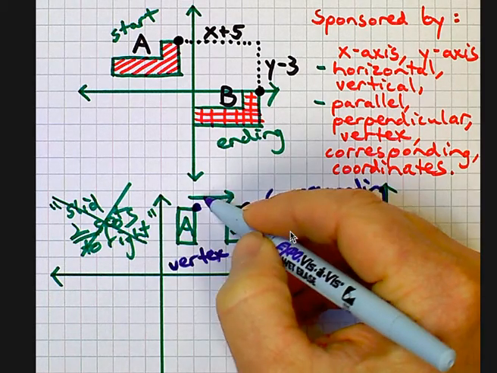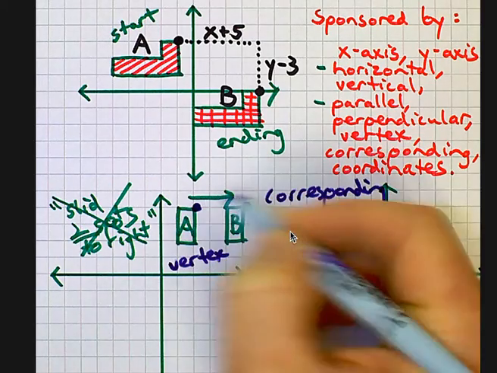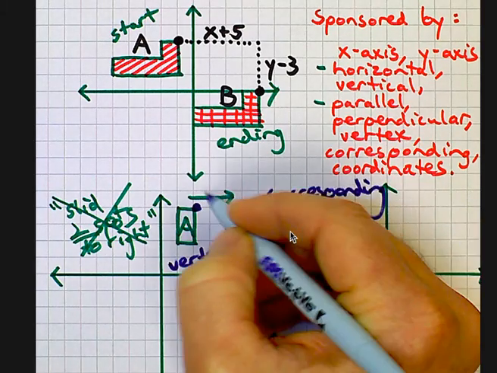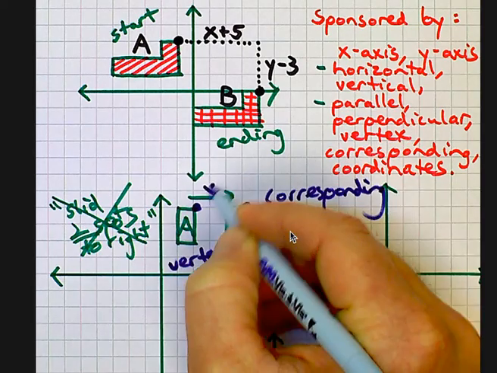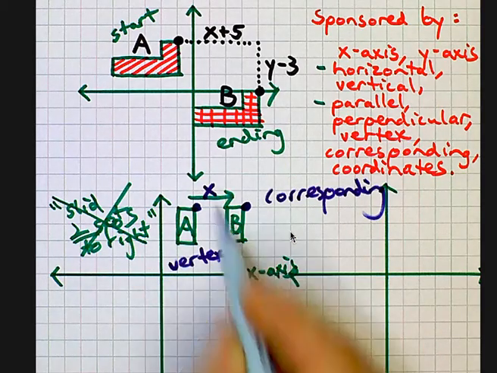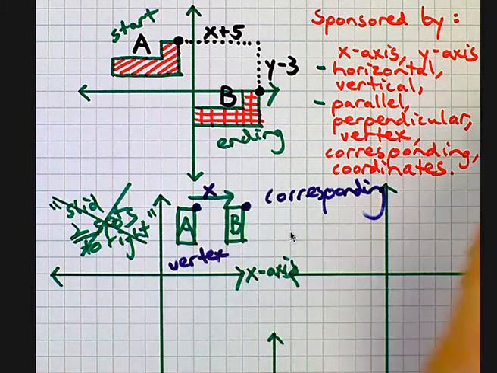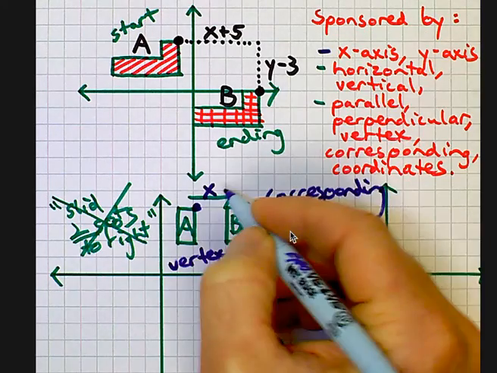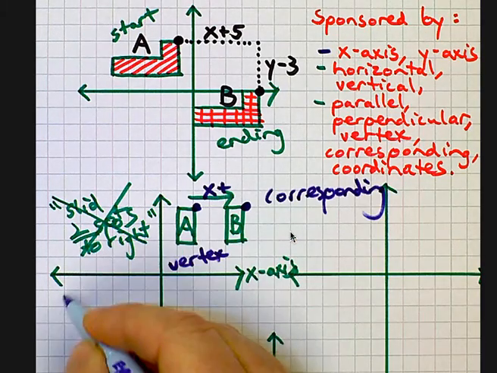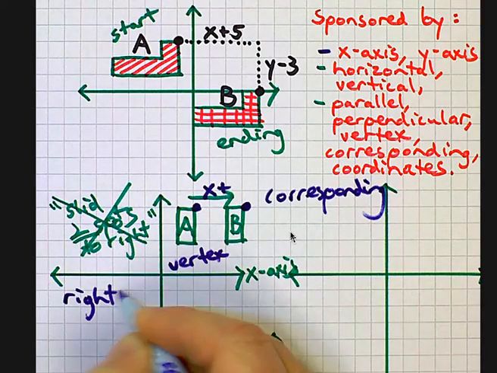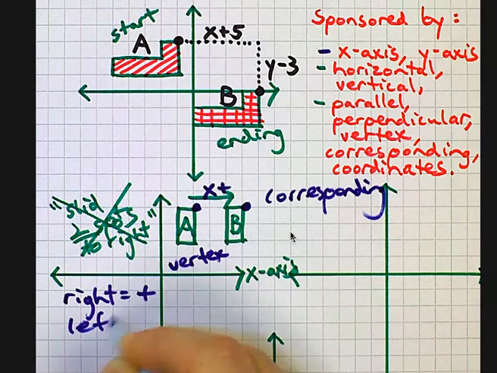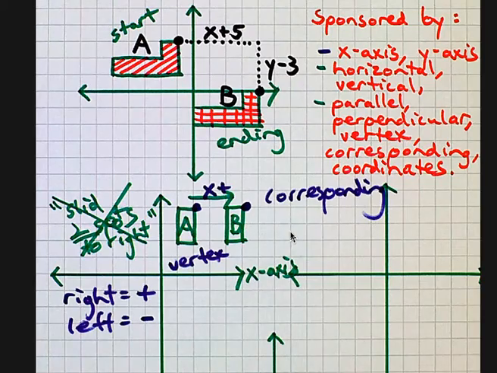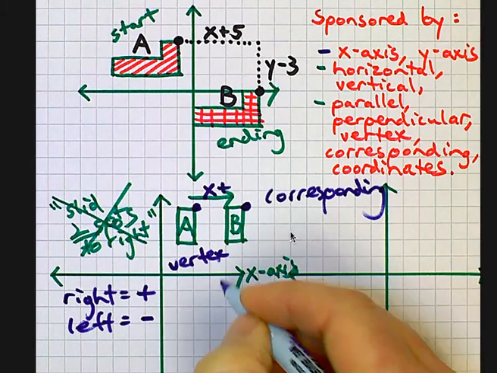Now if I ask, well, how far did that corresponding vertex translate? Well, it went parallel with the x-axis, so it's a movement of x. And since it went to the right, right equals plus, left equals minus or negative movement. Just like when you're graphing.